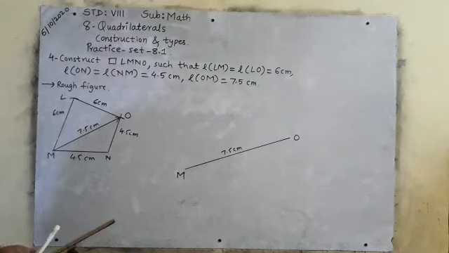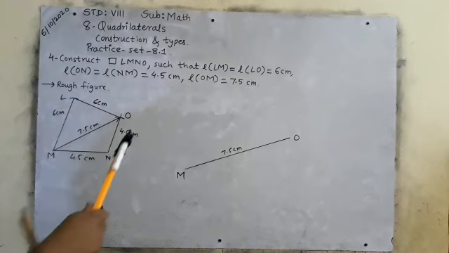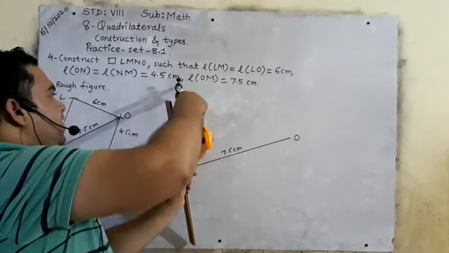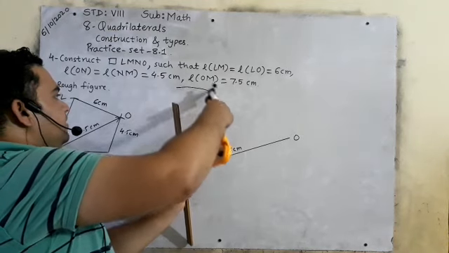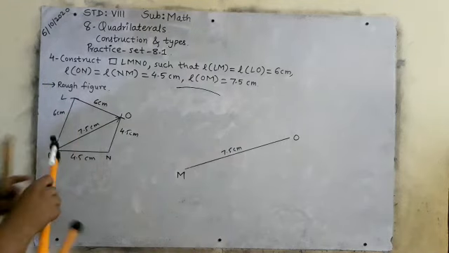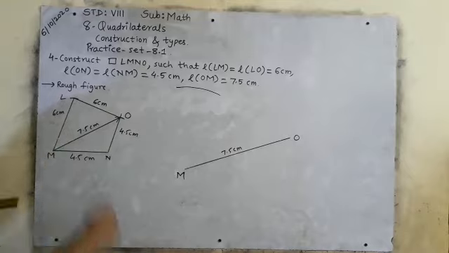So I will take ML 6 centimeter. I will keep on M, I will take 6 centimeter, I will arc here. Then OL is also 6 centimeter.